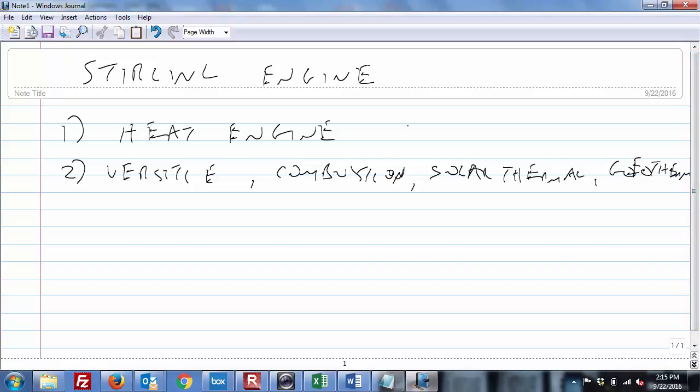And so there's always going to be some kind of delta T. Hot side, cold side. The one we're looking at right now is a 2-cylinder.